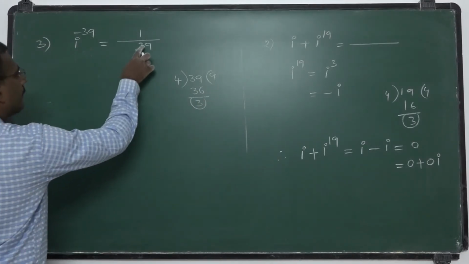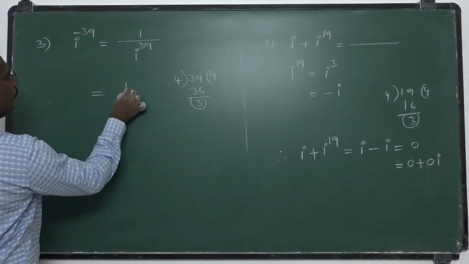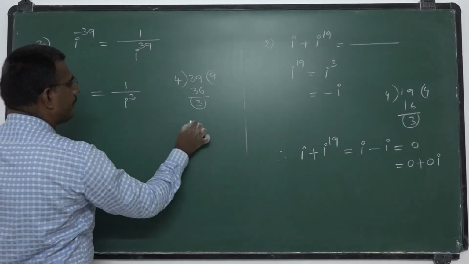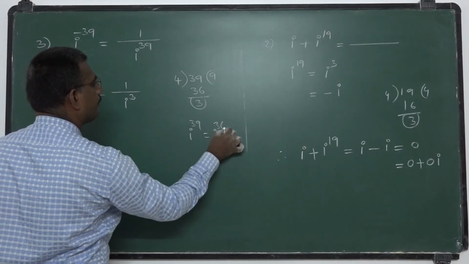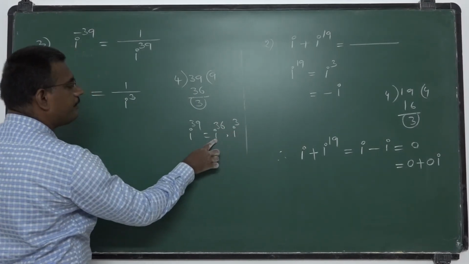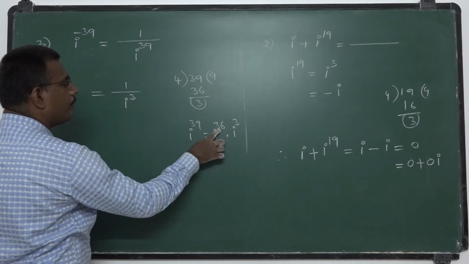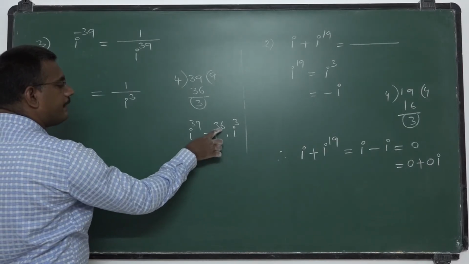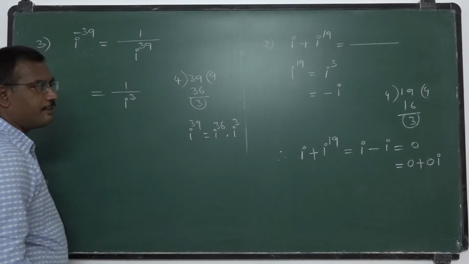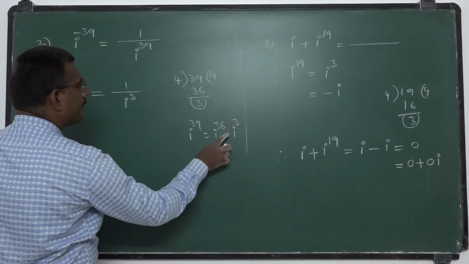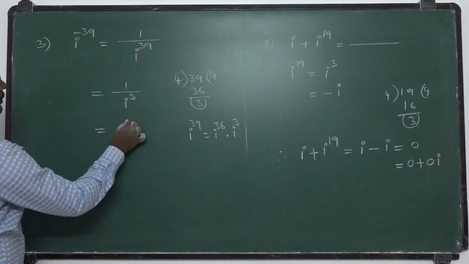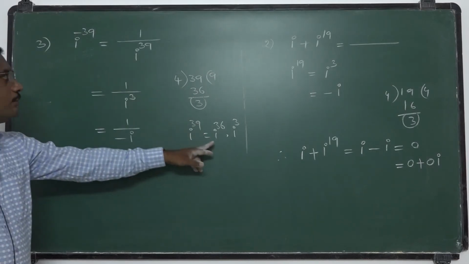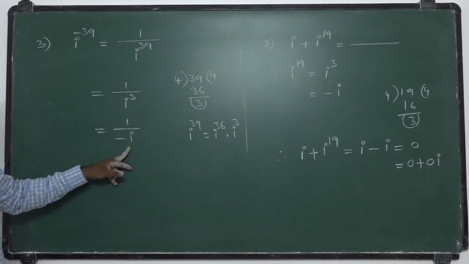So therefore i power 39 will be equal to i power 3. Because i power 39 can be written as i power 36 into i power 3, but i power 36 value is 1 because 36 is a multiple of 4: i power 4 whole power 9, i power 4 is 1, 1 power 9 is equal to 1. So 1 into i cube is nothing but i cube. So i power 39 will be equal to i cube. The i cube value is nothing but minus i.